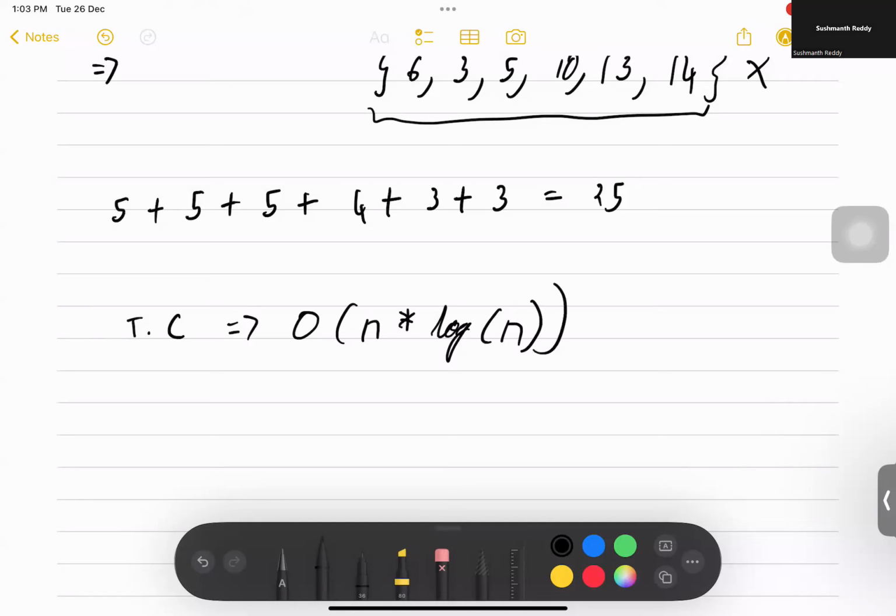So we can say the time complexity is big O of n log n. And this can even be brought down to big O of n. It depends on how you implement. If you use binary search to find the smallest element in the prefix for a fixed suffix, then it becomes n log n.